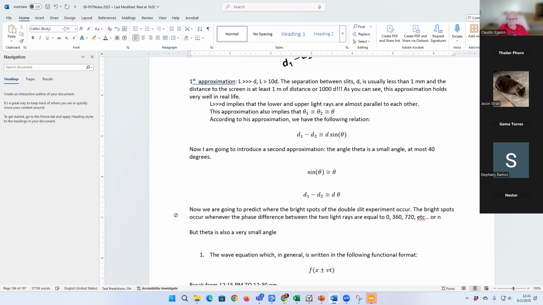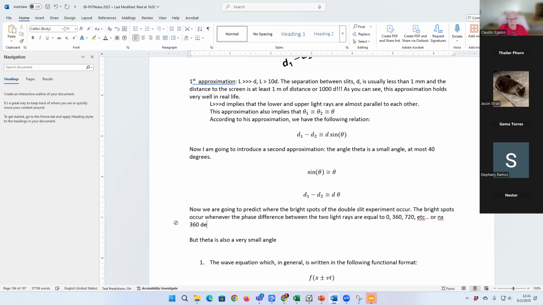Or n times 360 degrees. That's when we have the bright spots, for n equal to 0, 1, 2, 3, 4, and so on.